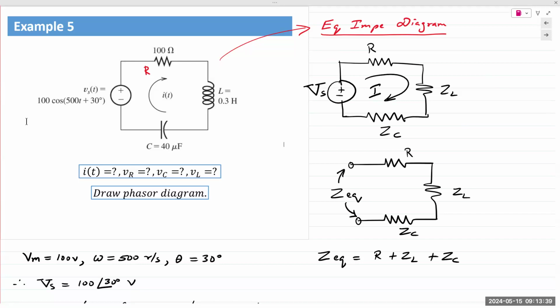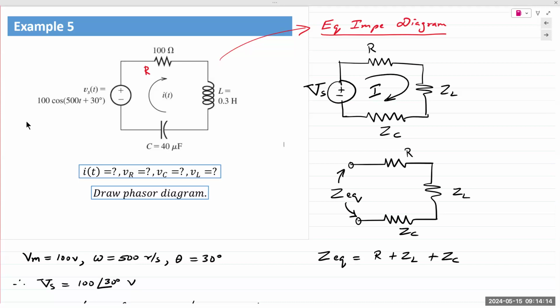So in this case, since we know that the voltage source sees the 3 components as connected in series, we can reduce these 3 components to one single equivalent impedance. Again, if you think back to chapter 2, the first technique we learned was we combined resistors in series, we combined resistors in parallel, and then we took a large circuit, combined a large network of resistors, and reduced it down to one single equivalent resistance, REQ.